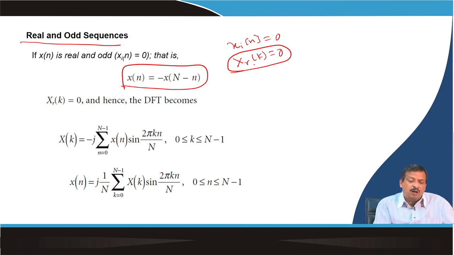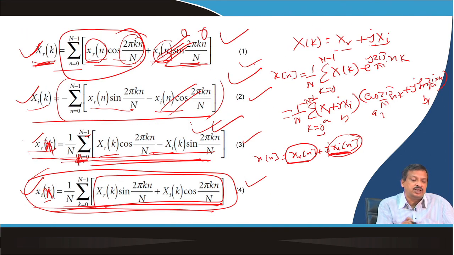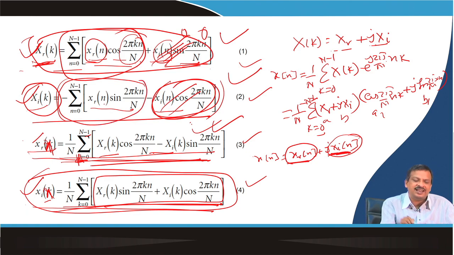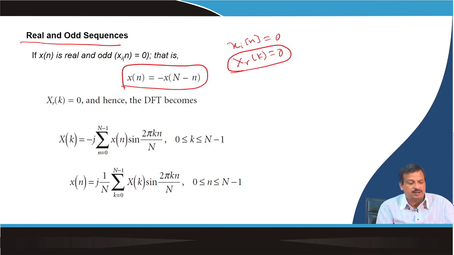So going back to this equation, with X of rk equal to 0, this part will not be there. Only X of ik will be there, and only this part will be there: minus xrn sine.